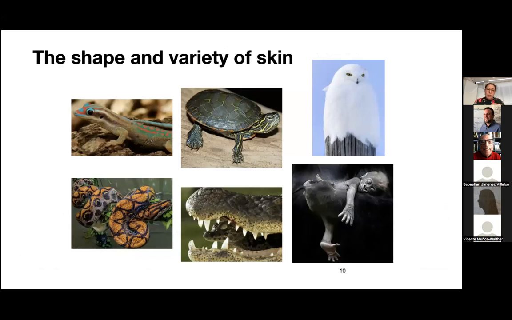Skin has quite a variety in shape and form. So you are familiar with, quite likely, the scales that you see along the bodies of reptiles. And as I mentioned, these scutes on the turtle shell are a specialized type of scale. Feathers are a different type of skin, fur, and teeth. These are all different varieties of skin that are quite different in their adult differentiated forms.